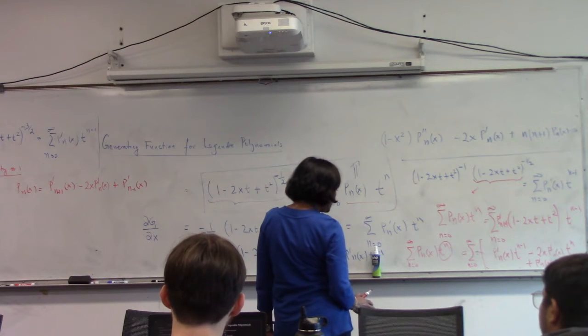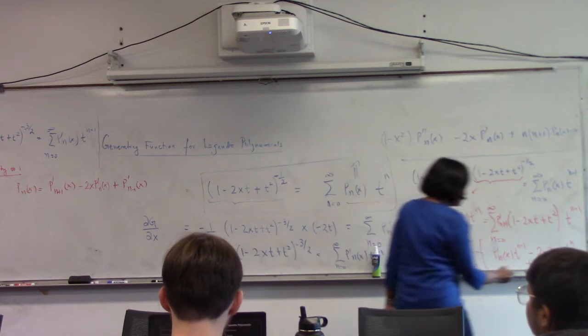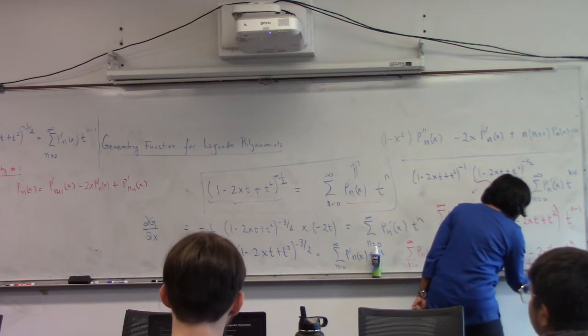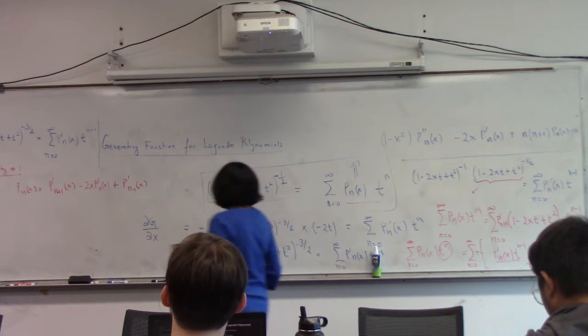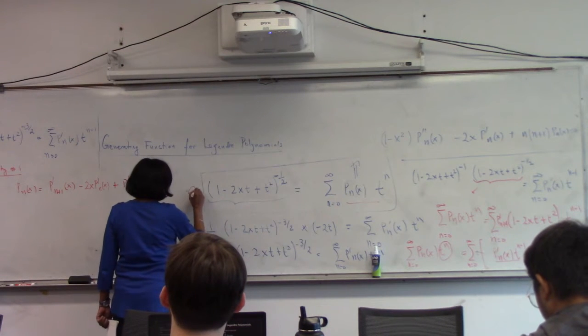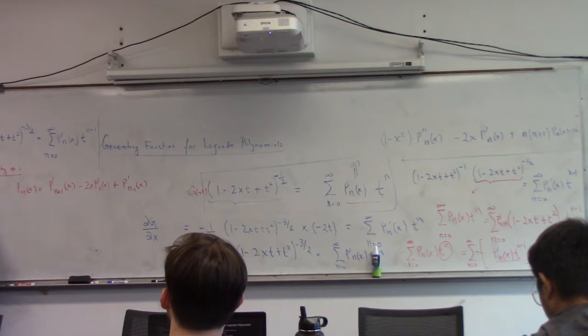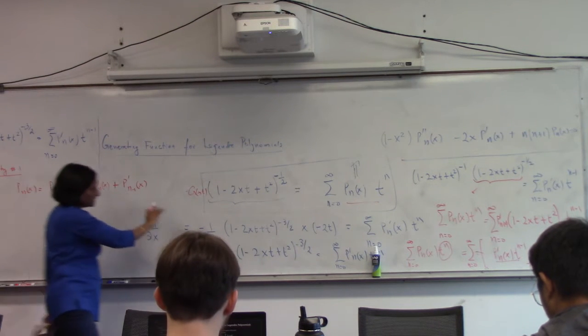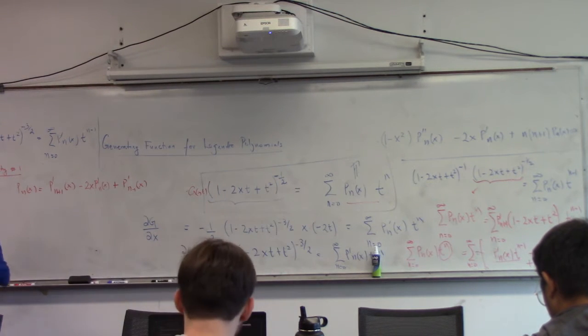P prime n, p prime n minus 1. Okay, so here I made n go to n minus 1. That's the term I'm looking at. Here I'm looking at n going to n plus 1. All right. So this is one identity I have. I have to juggle all these things to prove this eventually. That's my goal at this point.